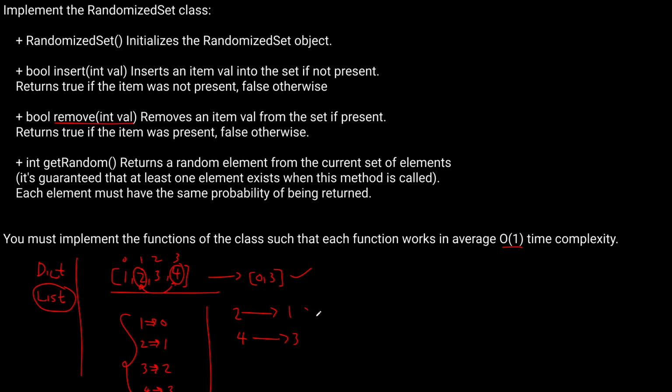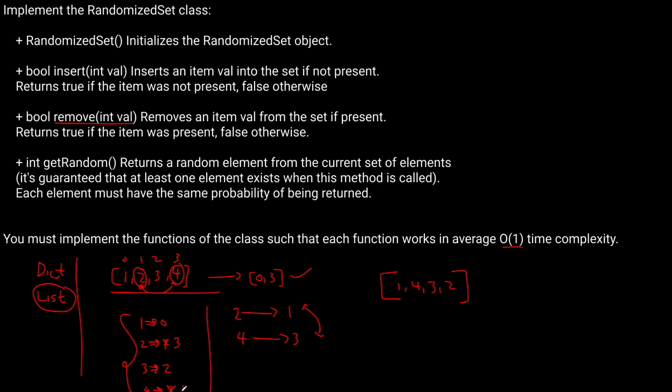So what if we swap these 2 values? Now our list looks like 1, 4, 3, 2. And then of course we'd have to update our map, because now 2 is at index 3 and the 4 is at index 1. So we have to update our map here.